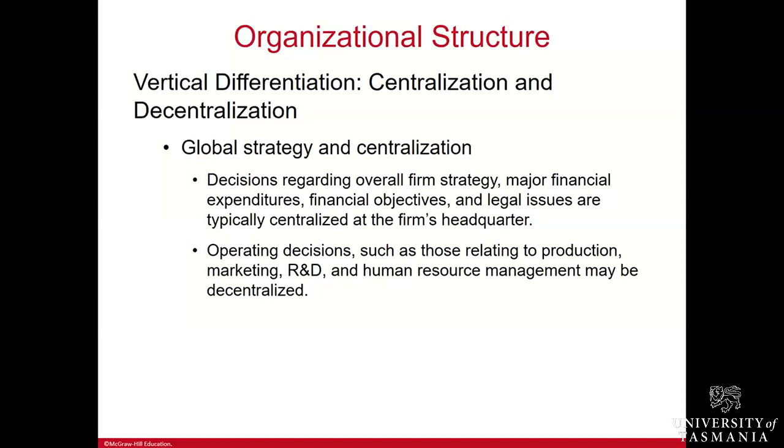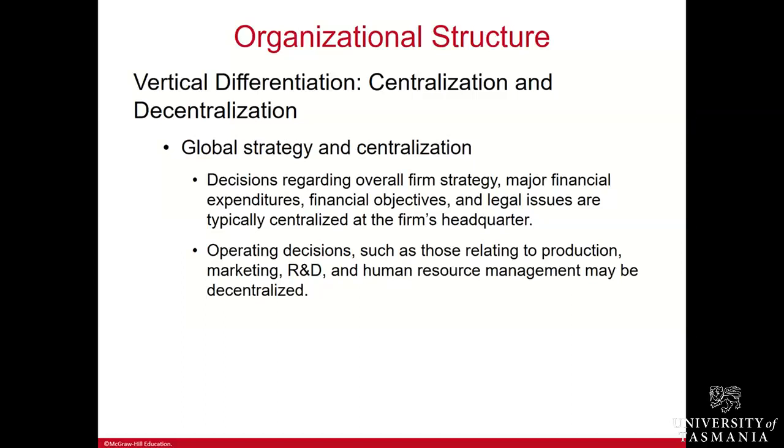Like it said here, operating decisions might be made by the subunit managers, which is a lot easier. It also saves time. The manager also keeps the control within that business unit, and then the other top managers in the headquarters can focus on bigger issues.